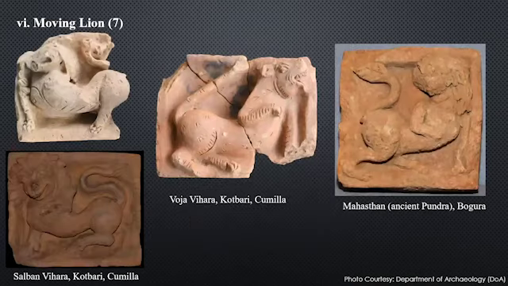This is the 6th criteria, moving lions. 7 terracotta plaques are found with the depiction of the lion in moving posture. In one Shalban Bihar terracotta plaque, the lion is depicted with an extraordinarily decorative mane, which resembles ornamental flower carvings, walking with a ferocious expression on its face.